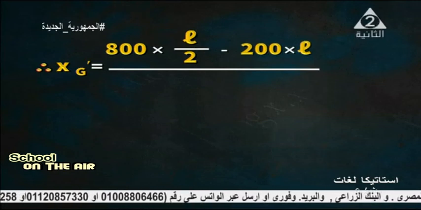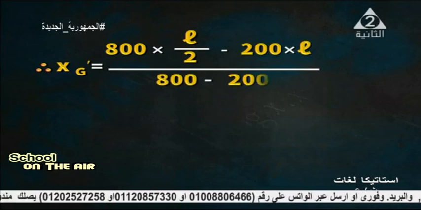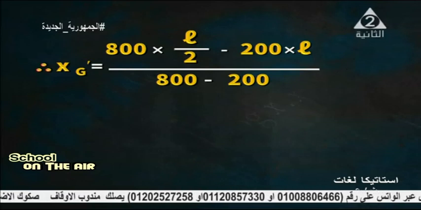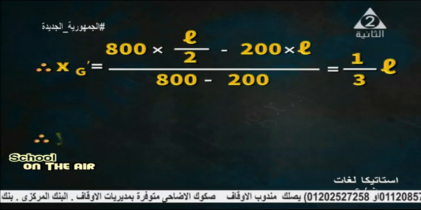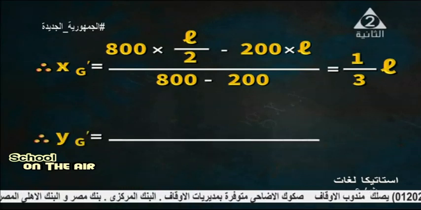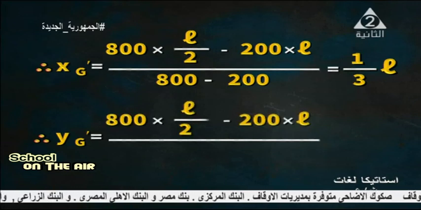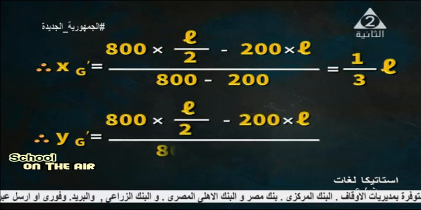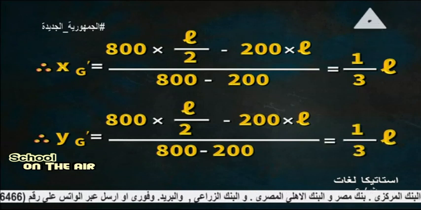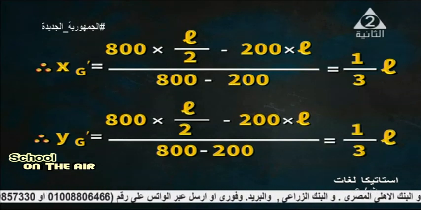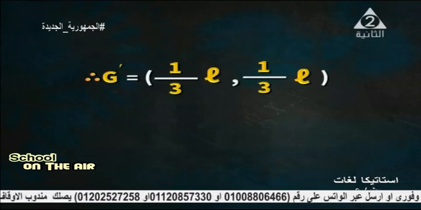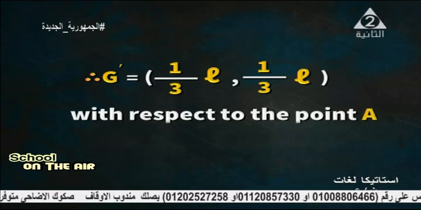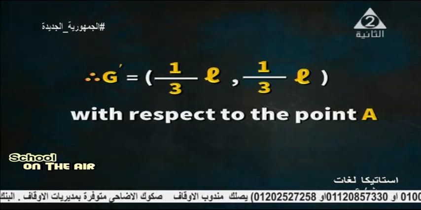Therefore xG dash equals 800 times L over 2 minus 200 times L, over 800 minus 200, equal to a third L. yG dash by the same method, M1 y1 plus M2 y2 over the summation, therefore yG dash equals a third L. Then we know that G dash is at a third L and a third L with respect to the point A.